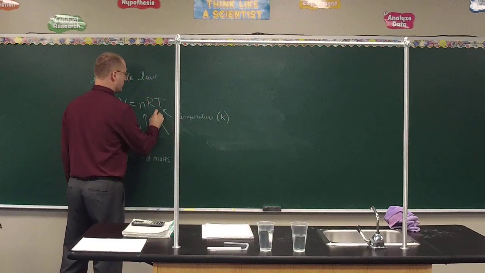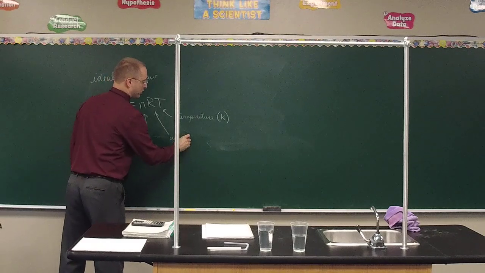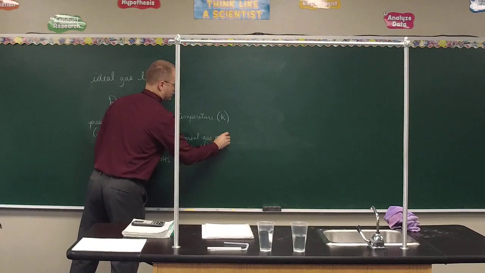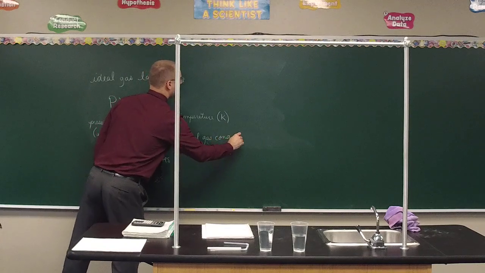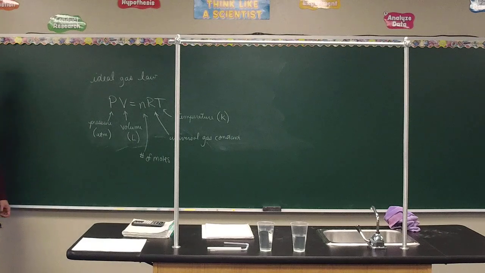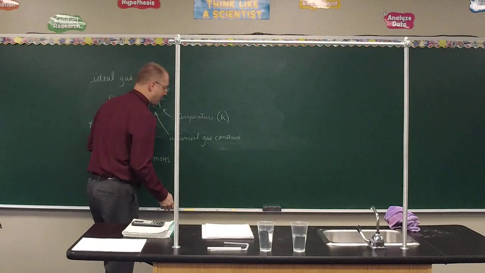The R is the new letter, right? R is the letter chosen for the universal gas constant. You may be thinking to yourself, why R for a gas constant? I don't know. But it's the letter that was chosen by somebody way smarter than me.